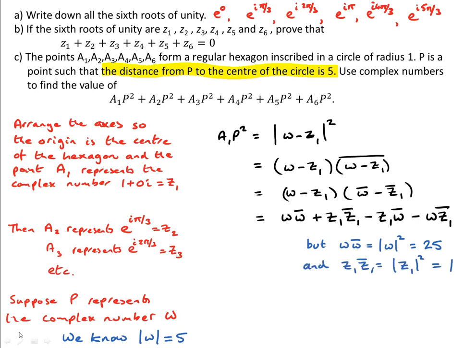We also know that Z1 times Z1 bar is the modulus of Z1 squared, and we know that the modulus of Z1 is 1. So Z1 times Z1 bar is going to be 1. So A1P squared is 25 plus 1 minus Z1 W bar minus W Z1 bar, which gives me 26 minus Z1 W bar minus W Z1 bar.